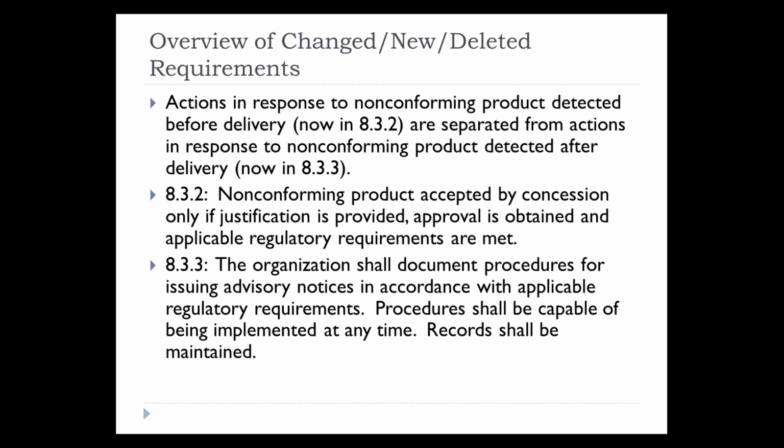If nonconforming product is accepted by concession, it can be done only if justification is provided, approval is obtained, and the applicable regulatory requirements are met. And for product detected after delivery, the organization shall document procedures for issuing advisory notices in accordance with applicable regulatory requirements, and procedures shall be capable of being implemented at any time. They have to be implemented at the ready. Records need to be maintained.